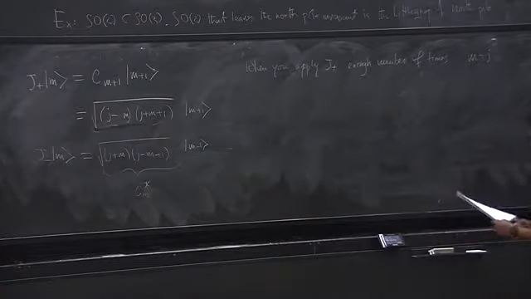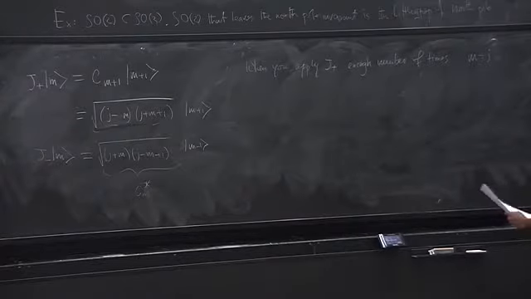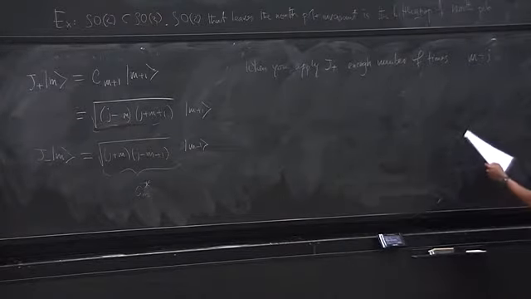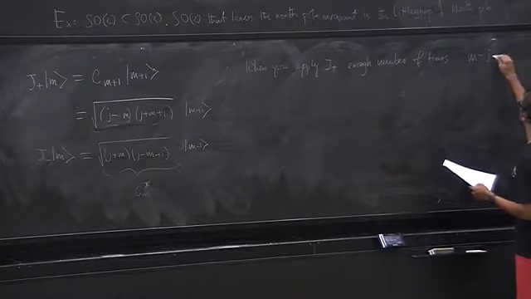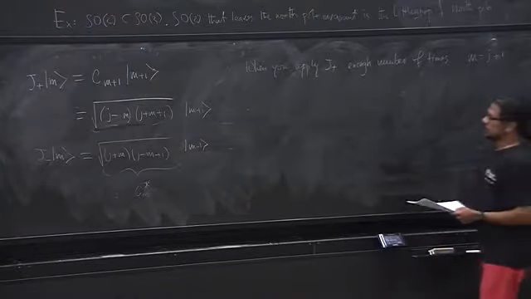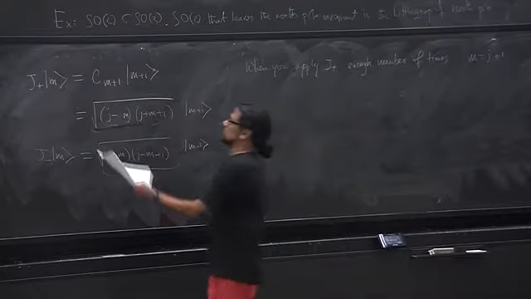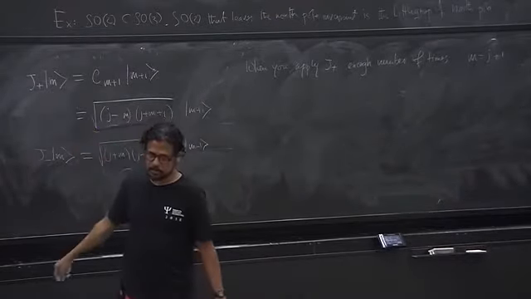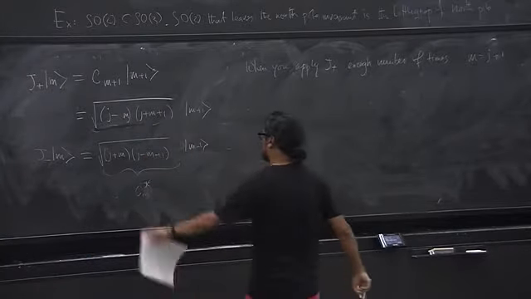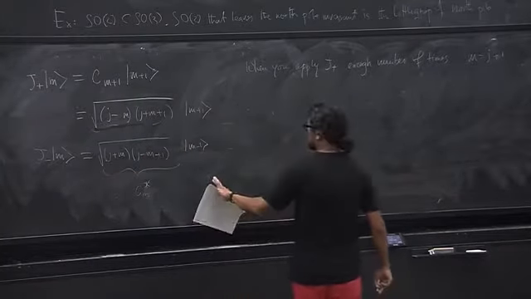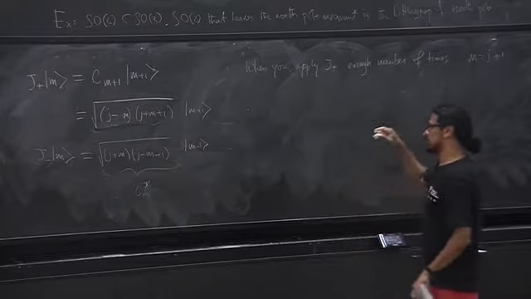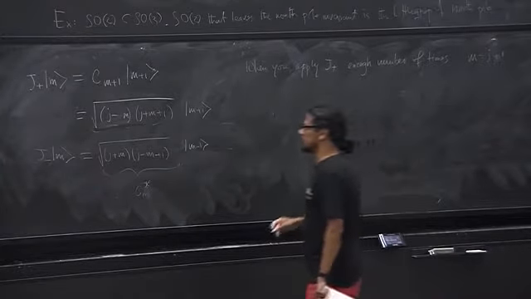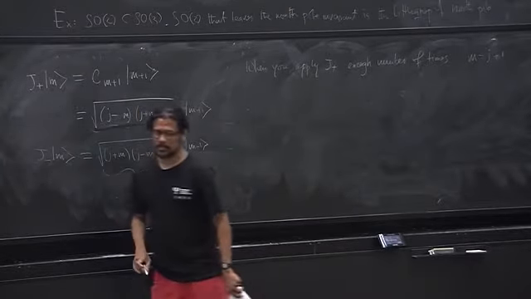So when you get to say m equals j plus 1, there is no more state. So the highest state is going to have the label j here, right? And from this you can see that the lowest value of m is going to be minus j.